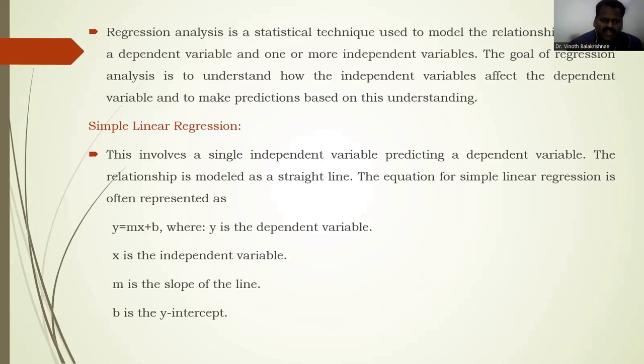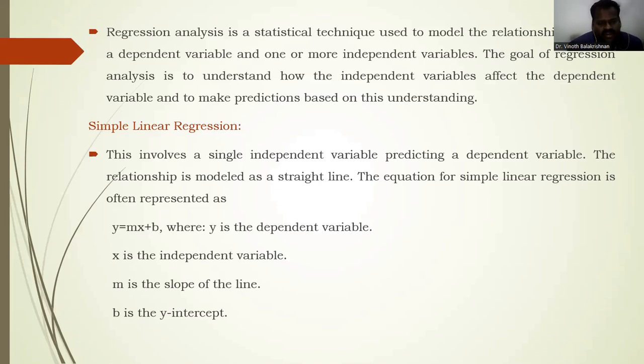First, we will discuss the simple linear regression model. Already I told you what a simple linear model is. This model involves one independent variable and only one dependent variable. The independent variable is used to predict the dependent variable, and we could also find the relationship of this model, whether it is a straight line or non-linear.